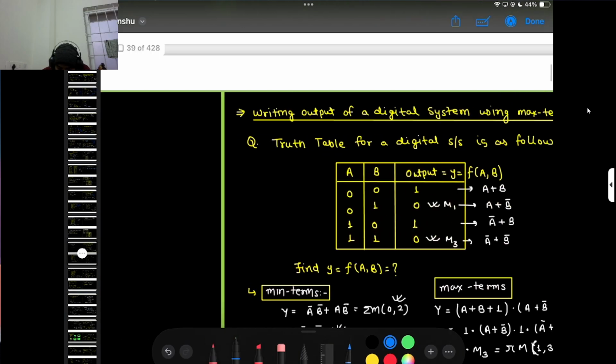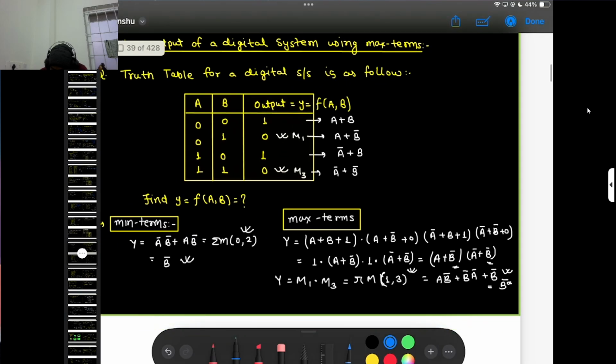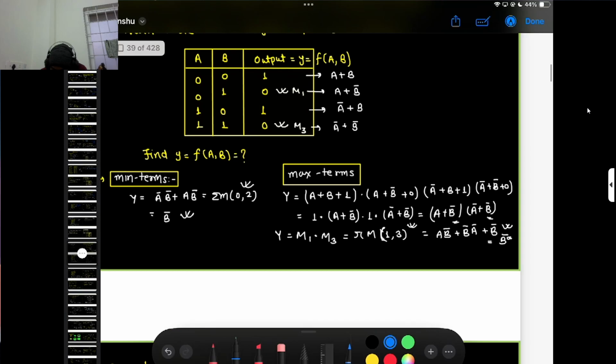In n variables there are also max terms. Here is A plus B and multiply. So how do we do it? So A plus B, so that is 1. A plus 0, so A plus B bar. So here is also 1, and here is also A bar plus B. So A plus B bar multiplied by A bar plus B bar.